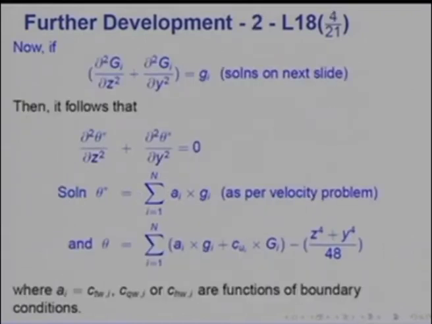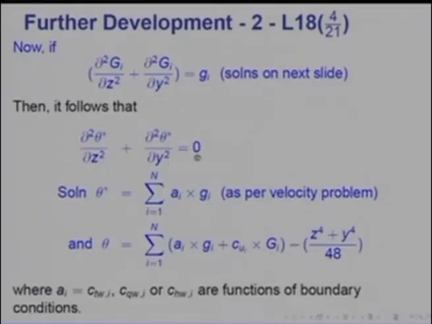So, if d2 G_i by dz square plus d2 G_i by dy square equal to g_i, then for each g_i I can generate a function G_i, and the solutions of that are given on the next slide. But the consequence is that, as I said in the previous slide, d2 theta star by dz square plus d2 theta star by dy square equal to 0.